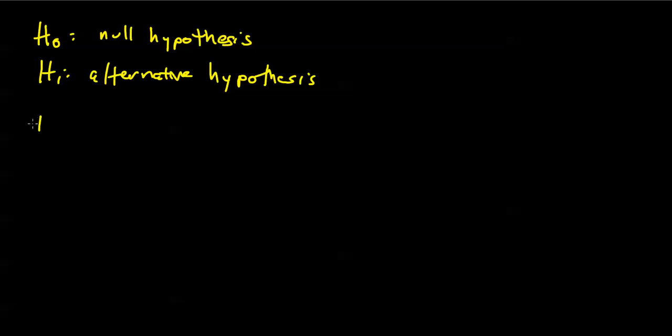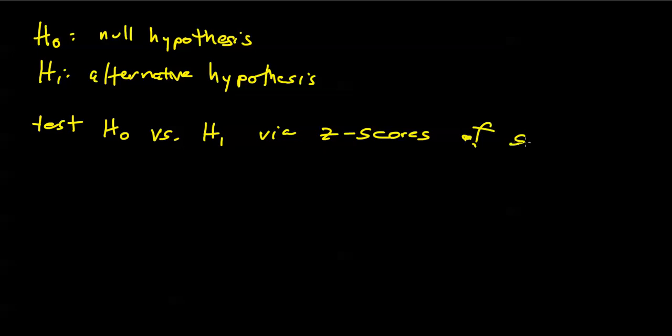What we do in wide strokes is we test the null hypothesis against the alternative hypothesis via, well, actually it's via z-scores. So remember that when you're trying to decide which operator to use on your calculator. We'll show you what I mean in a minute. Basically, we're basing this test on z-scores of sample proportions, and in section 8.3 it's going to be a sample proportion.